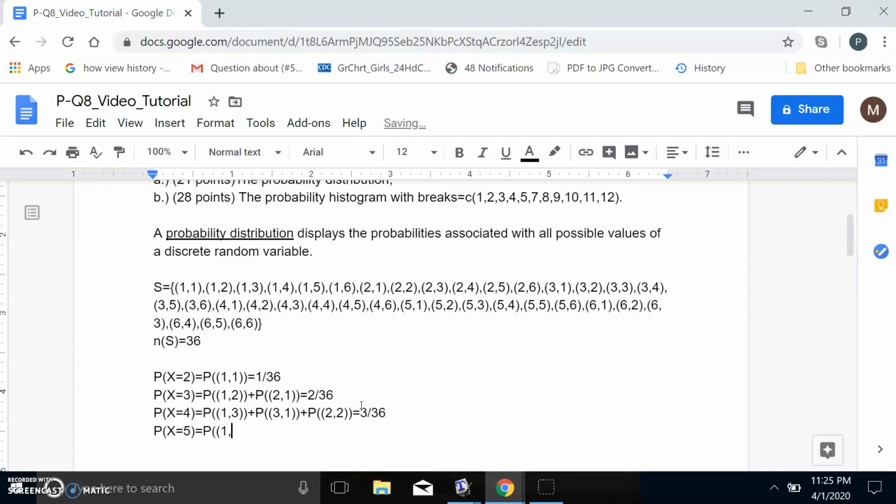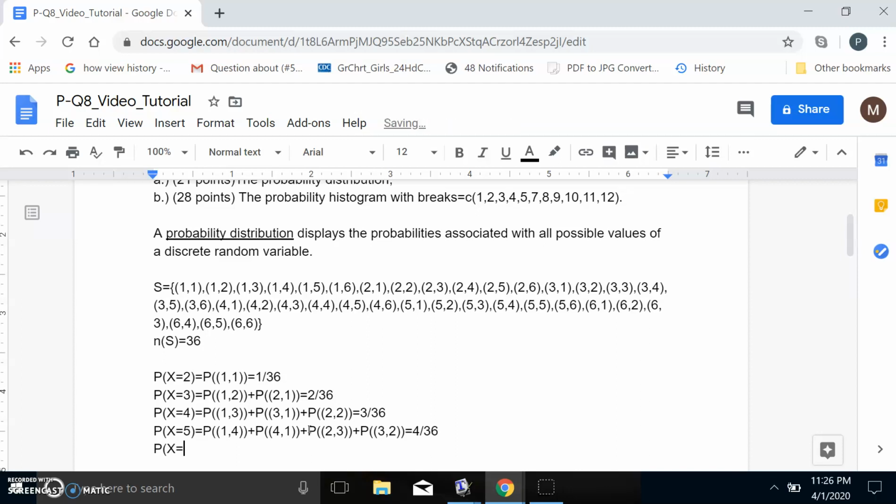We can just double check that. So I could get a 1, 4, or 4, 1. Or I could get a 2, 3, or 3, 2. So it's 4. And you probably predict the next one should be 5 over 36. Let's just verify that.